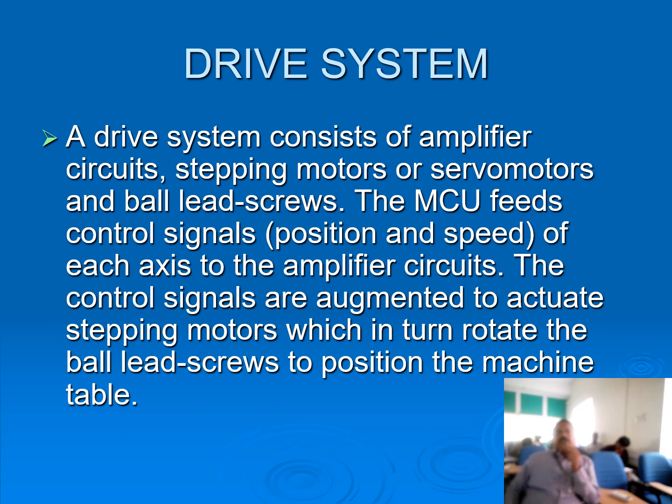Now, the drive system. A drive system consists of amplifier circuits, stepping motors or servo motors, and ball lead screws. The machine control unit feeds control signals, that is position and speed, of each axis to the amplifier circuits. The control signals are augmented to actuate stepping motors, which in turn rotate the ball lead screws to position the machine table.